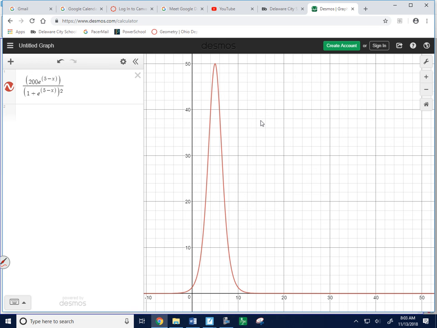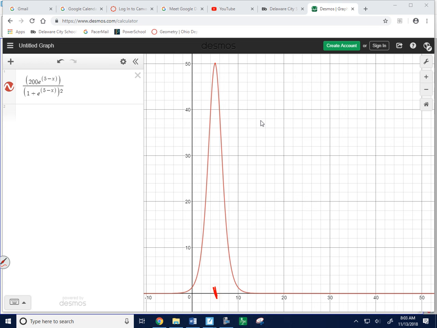And we can see that the maximum occurs right here. It's our x coordinate, halfway from 10, so it's going to be at 5. The maximum students per day is right here, 50. And this graph makes sense, right?